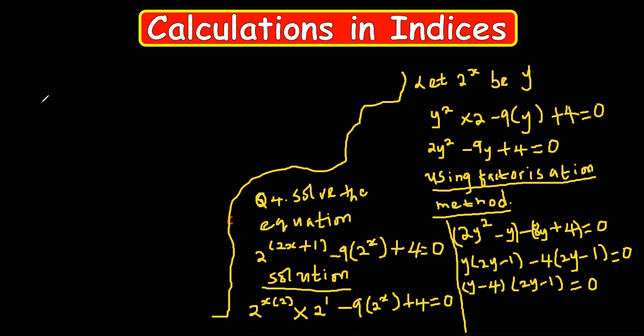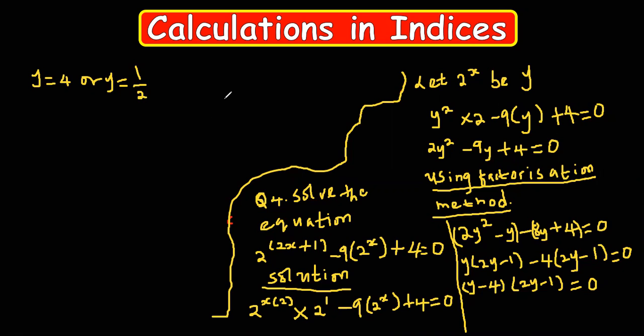So we should have y is equal to 4 or y is equal to half, 1 over 2.